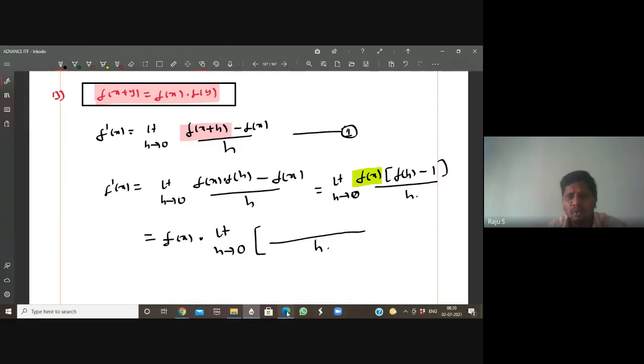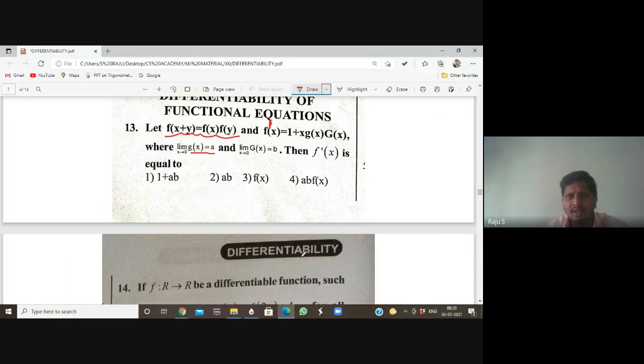Now I want to do one thing. They gave another condition: f of x is equal to 1 plus x g of x, into capital G of x. So f of x value is this, then what is f of h value? Anyone? What is f of h? Replace x by h. Then the right side is, shall I write, 1 plus h g of h, capital G of h? Shall I write like this?